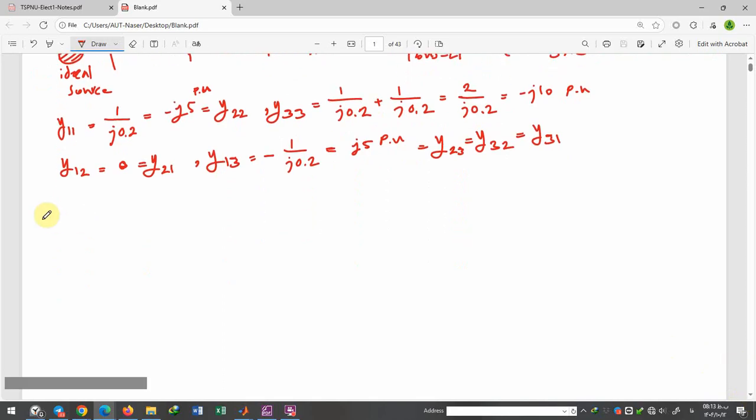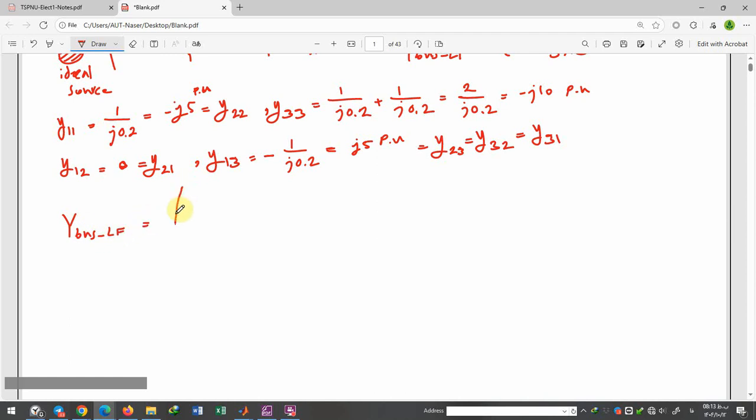In this order we can write Y bus for load flow is equal to: Y11 is minus j5 per unit, Y12 is 0, Y13 is j5. Because the Y bus is symmetrical, the first column is equal to the first row: 0, j5.